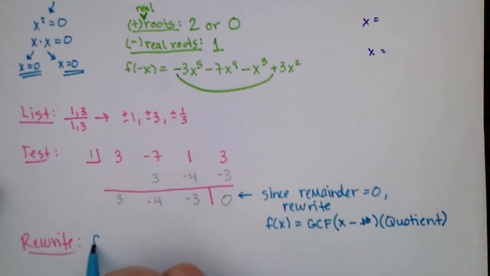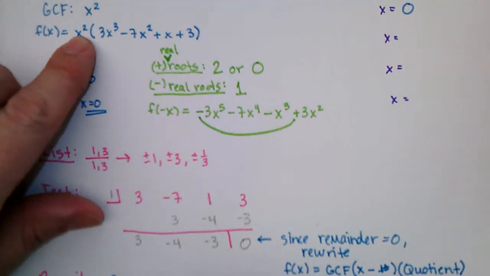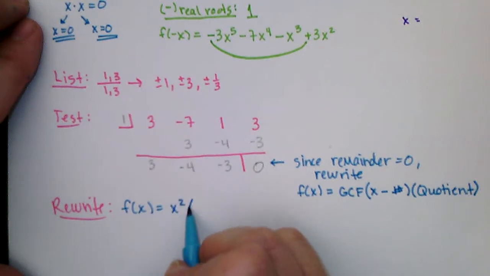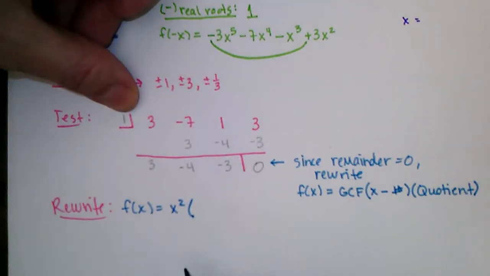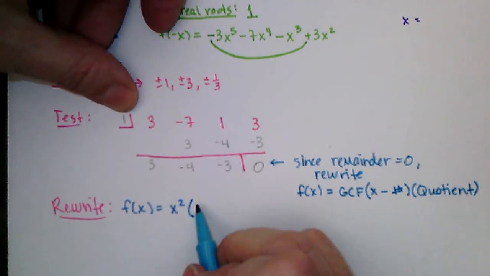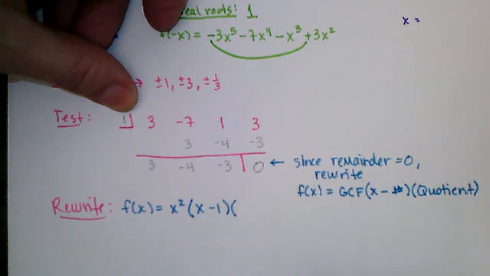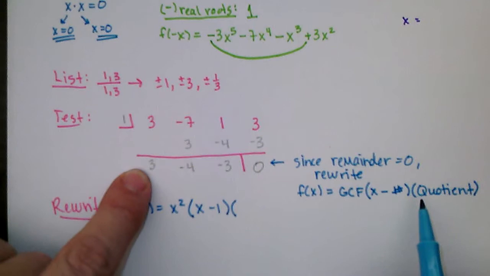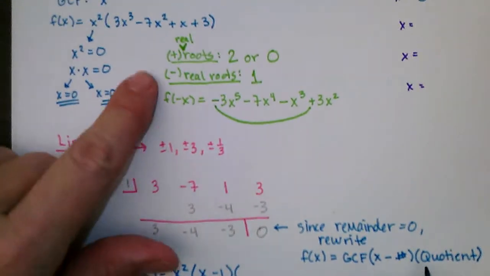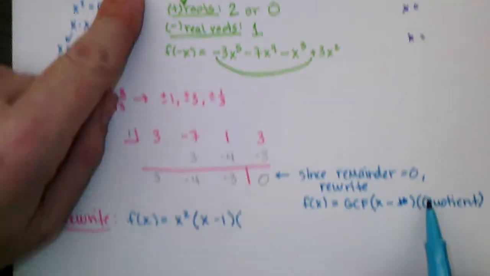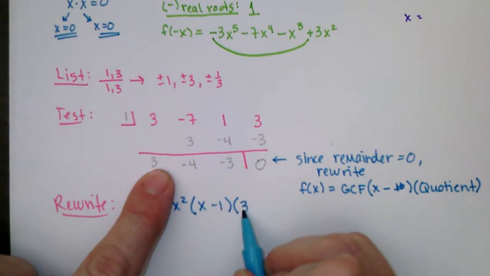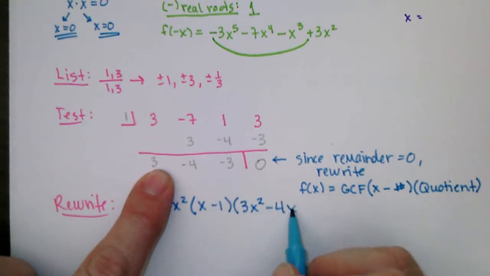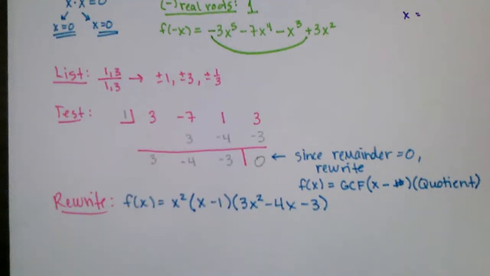So f of x will equal the GCF that I had out front of x squared times x minus the number in the box, so x minus 1, times the quotient row. Now remember the quotient row, the degree goes down by 1, so I had been x cubed, so this will start with x squared, so 3x squared minus 4x minus 3.